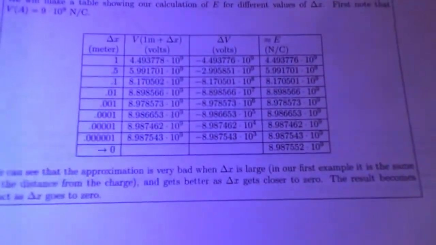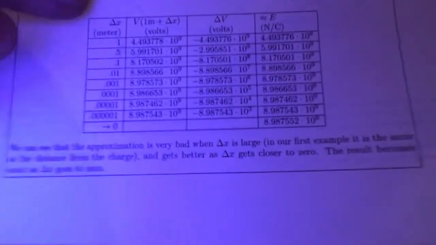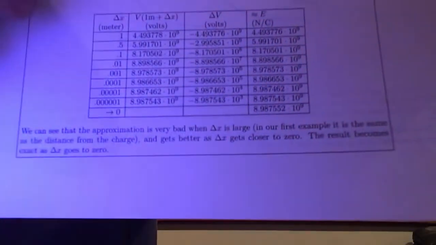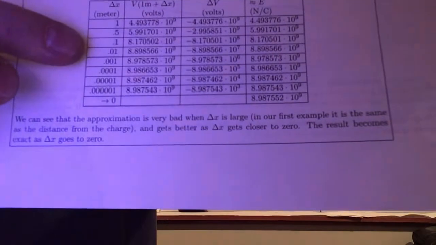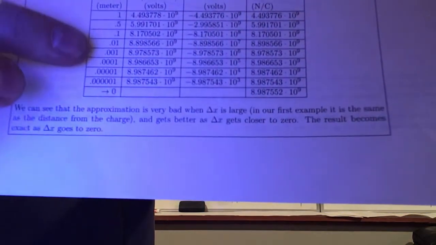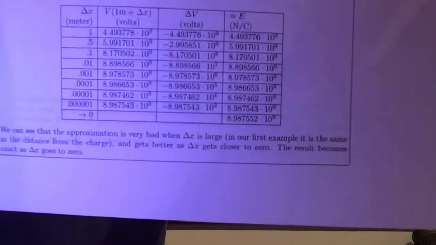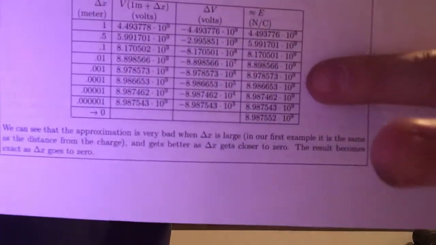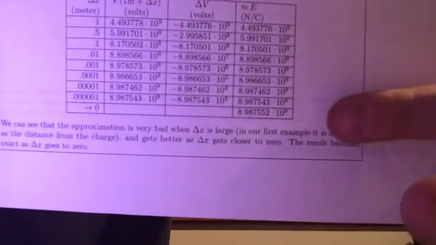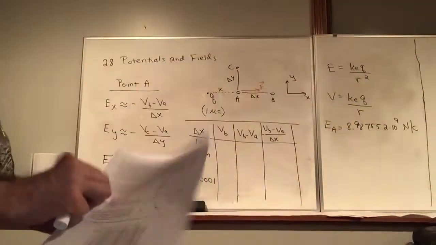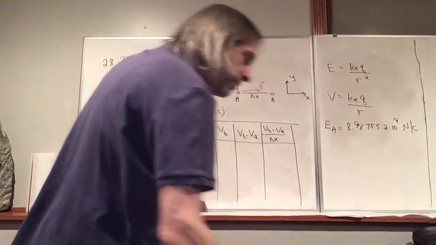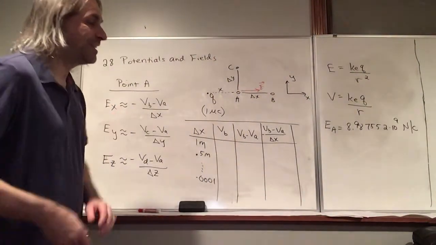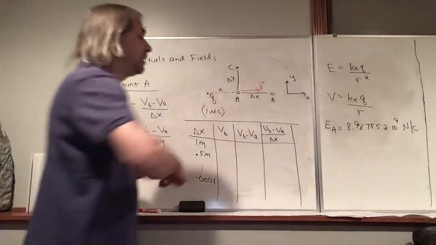But you can see if we keep making delta X smaller, pick 1 meter, 0.5, 0.1, and then just keep getting smaller by a factor of 10, you can see on this last column that delta V over delta X gets closer and closer to the electric field. Ultimately, you can make this exact by using a limit.